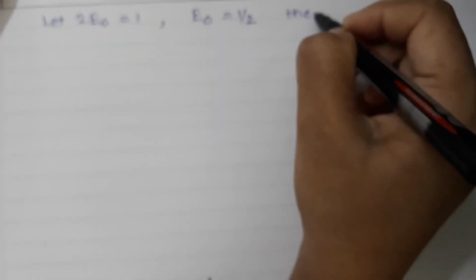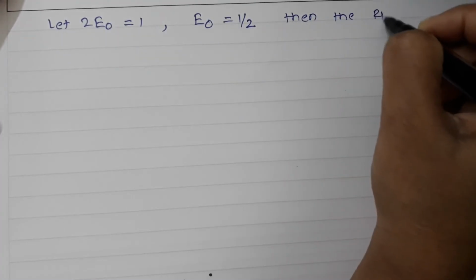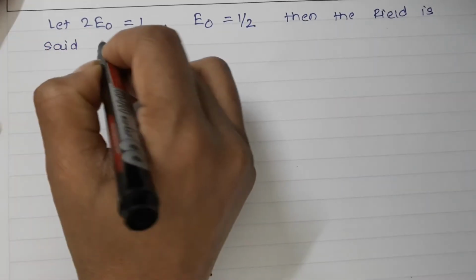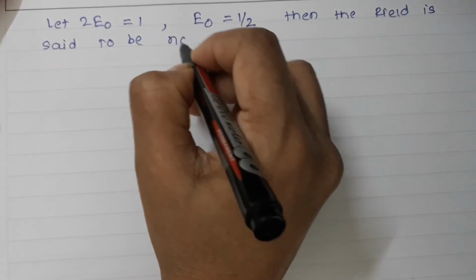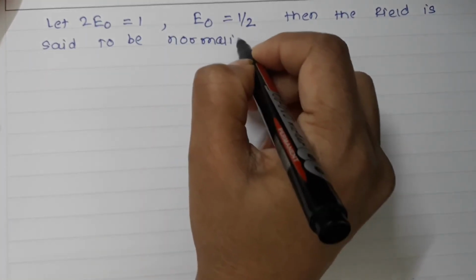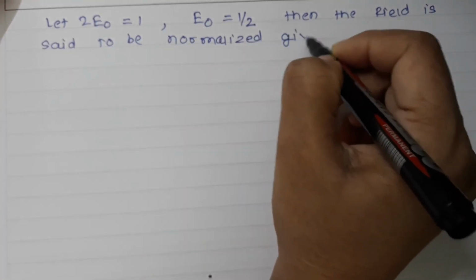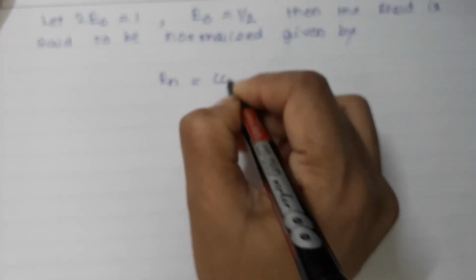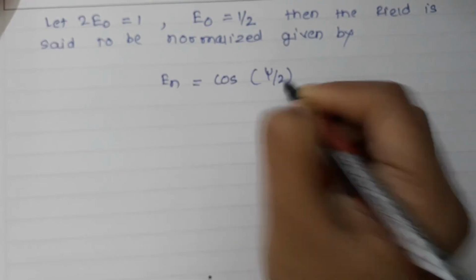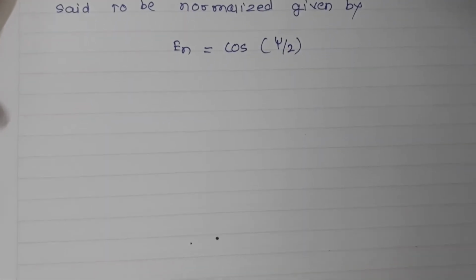Then the field is said to be normalized, and it will be given by En = cos(ψ/2). So this is nothing but the normalized field which I have got.